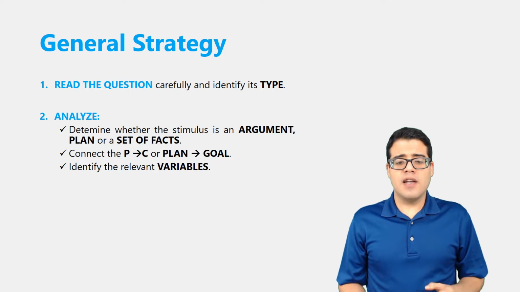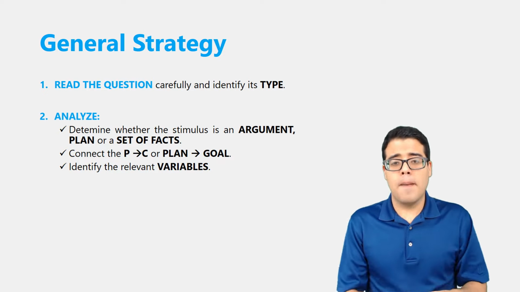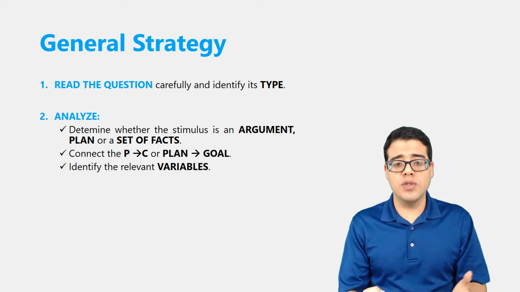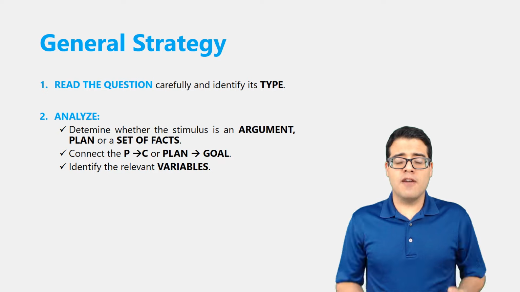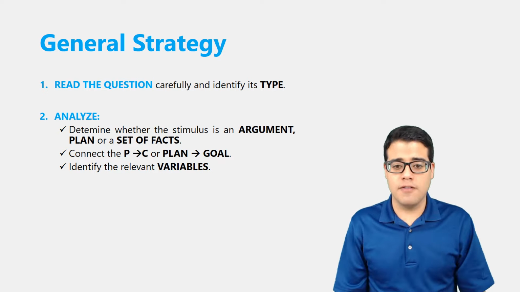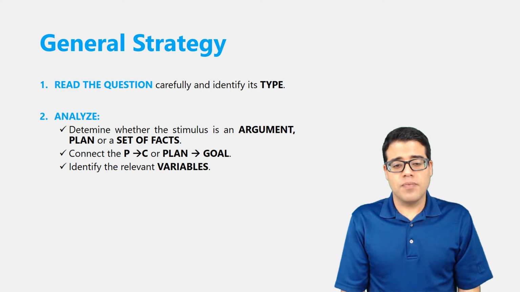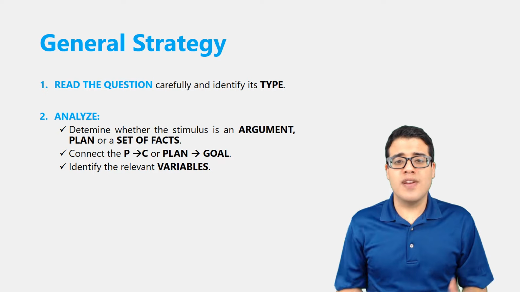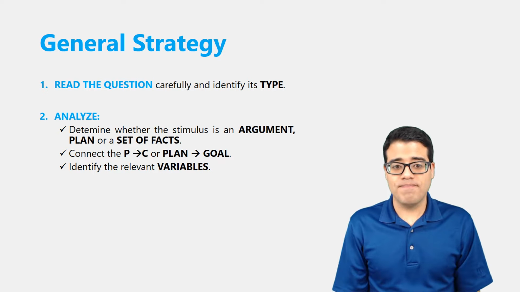If you're facing an argument, which is the most common, make sure you are able to connect the premise with the conclusion. If you are in front of a plan, make sure you understand the goal or the objective. Now, if you have a set of facts, make sure you are able to connect those facts as well.